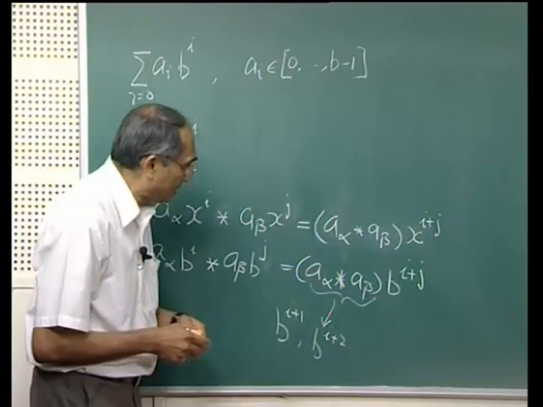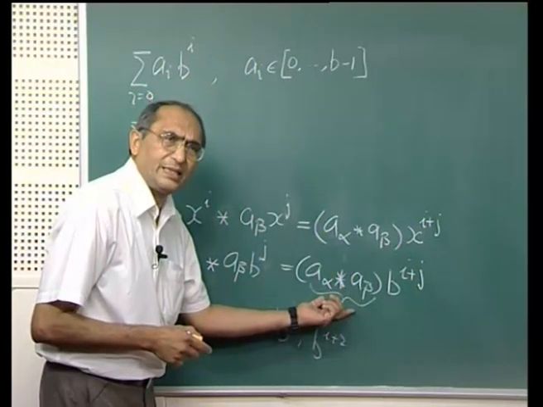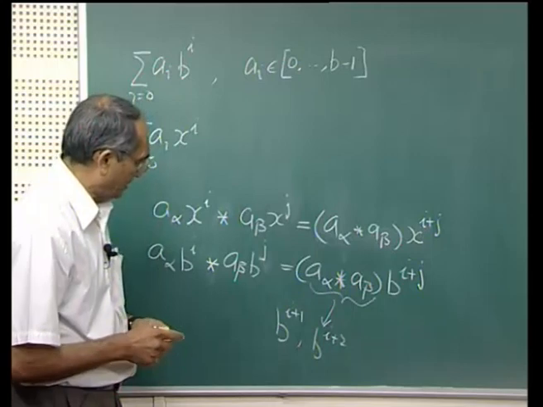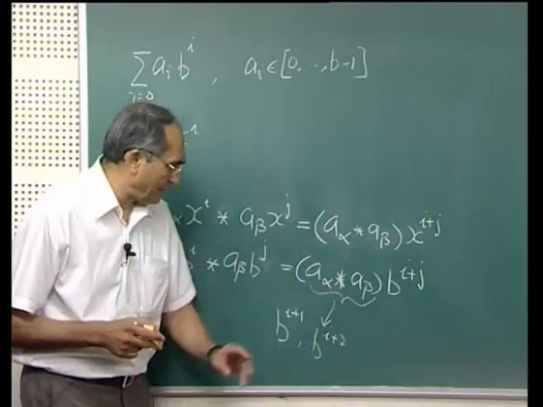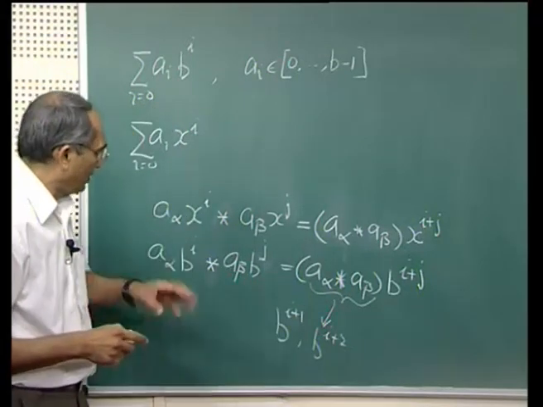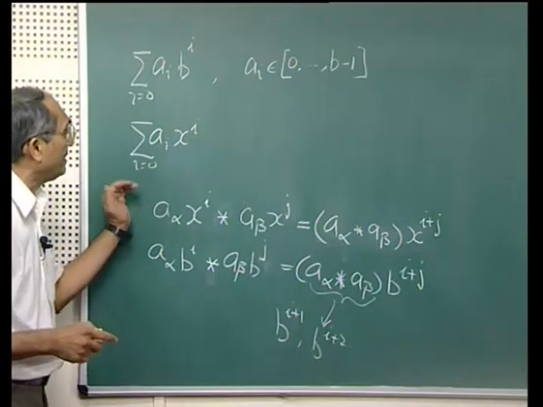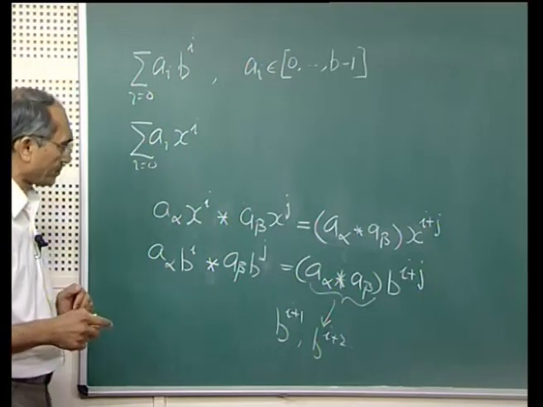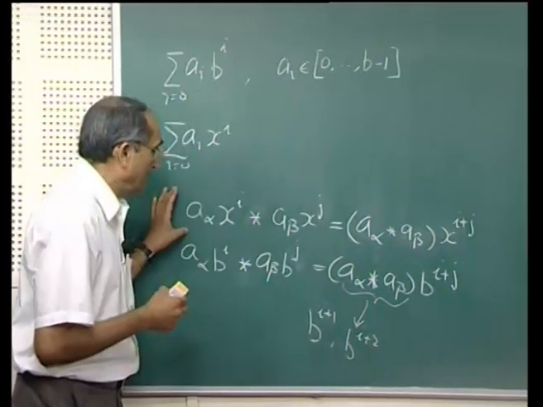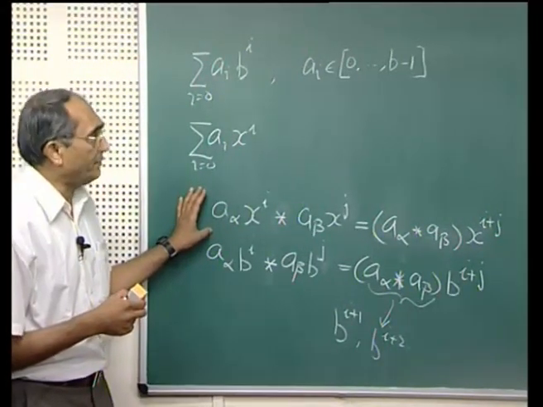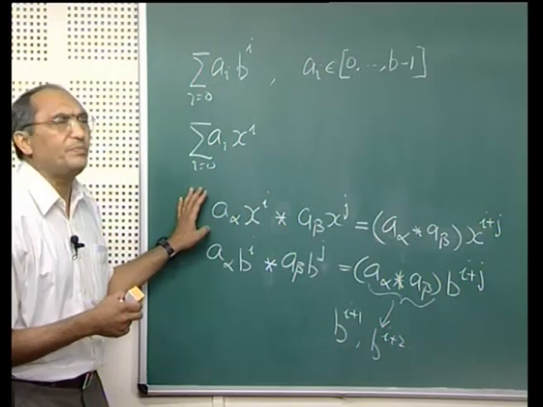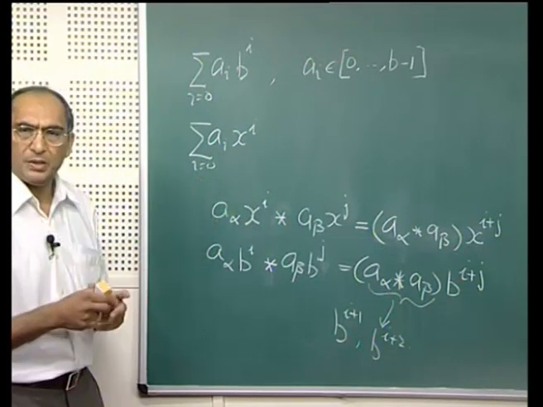Once again the problem is that this number could exceed the range of 0 through b minus 1, and again it could actually go and affect the higher terms. So, the moral of the story is that dealing with polynomials is easier, and that similarity will tell us that we can essentially use the same kind of algorithms, but they will be simpler in case of polynomials.